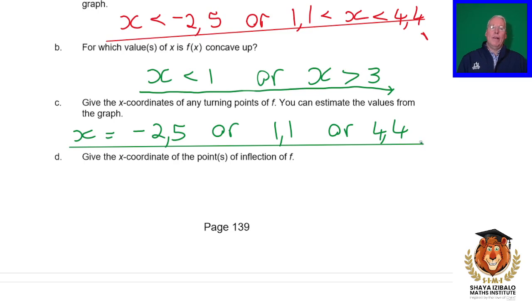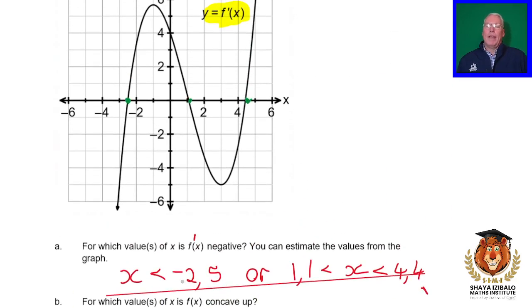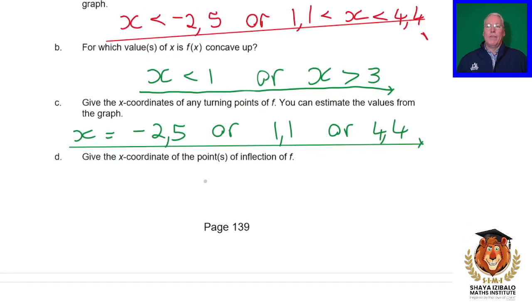Lastly, give the x coordinates of the points of inflection of f. Remember the x coordinates of the points of inflection of f are where f dashed of x turns, in other words, where f dashed of x is stationary, because the derivative of this graph will be 0 at these 2 points, at -1 and at 3.